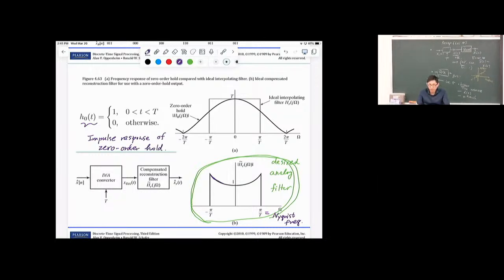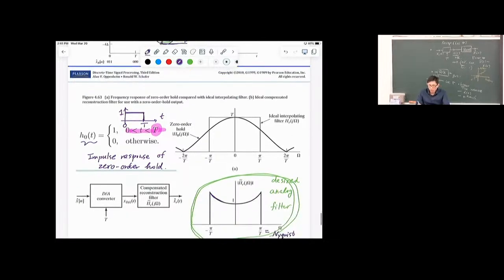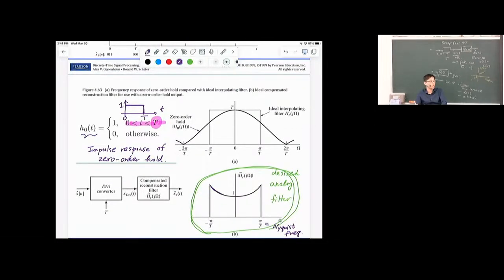That is, when we receive an impulse, it holds on to the value for a time T. So in the time domain, if you plot the impulse response, it is 1 between 0 and the sampling period T and 0 elsewhere. That's the impulse response for our zero order hold.